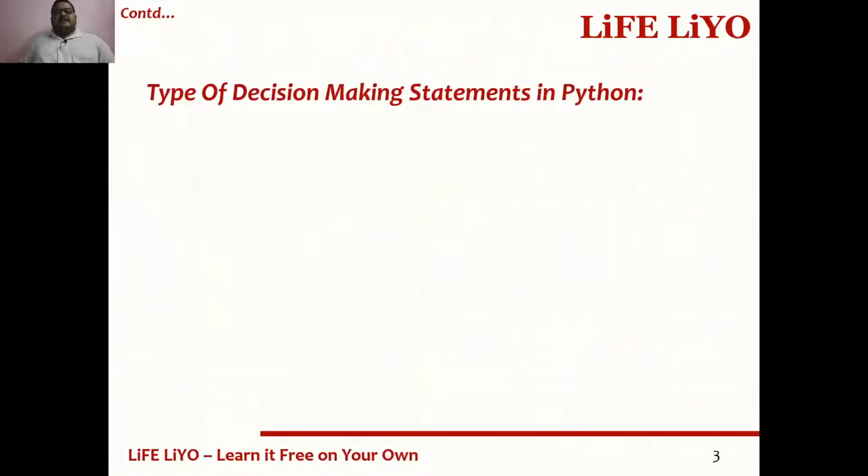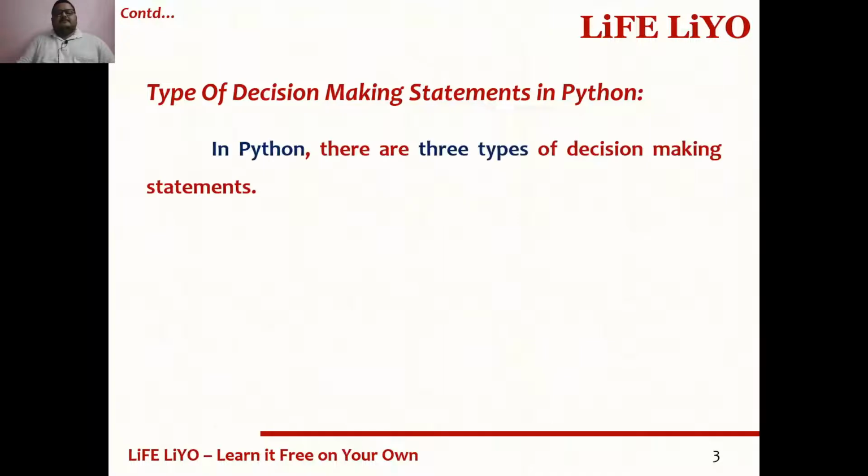Types of decision making statements in Python. In Python, there are three types. Somebody will say there is a fourth type. I will discuss that fourth type also, but I may not say that it is another type. What are they? First one, if statement, or you can call it the only if statement.